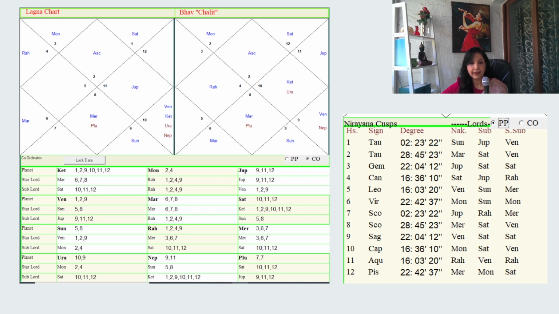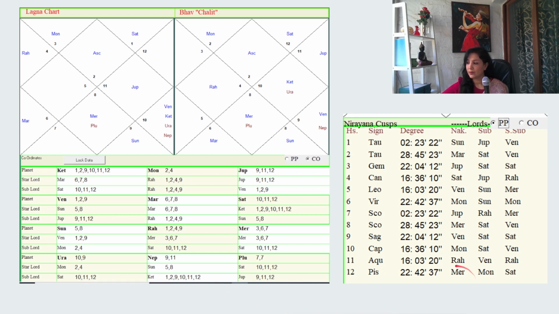Moon is untenanted and is sublord of the 12th house, so we have 2, 4 and 12. The star lord is Rahu and it is involving the 9th house. So now we have 9 at star level and Moon, being untenanted, giving 12. So we have 9, 12.